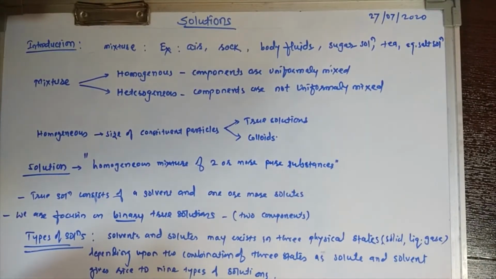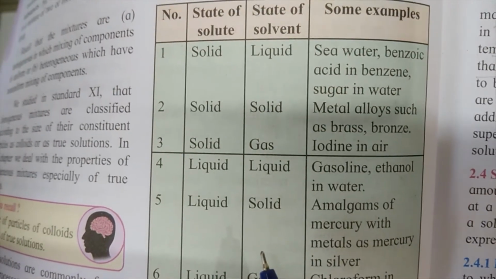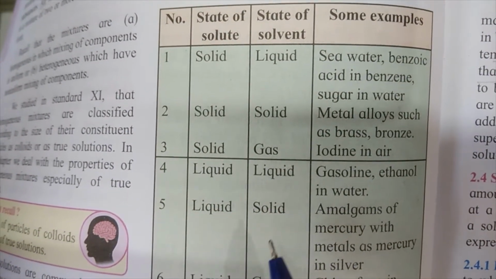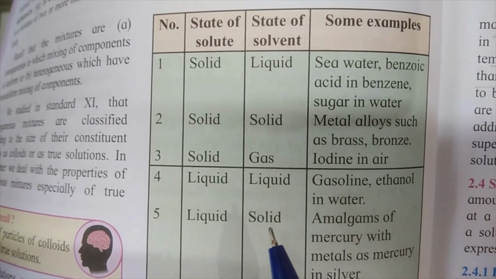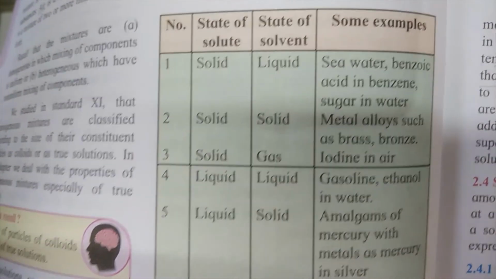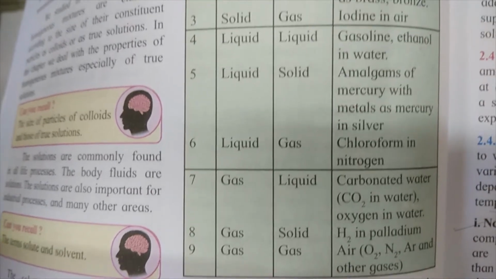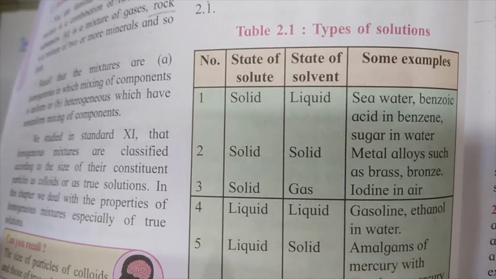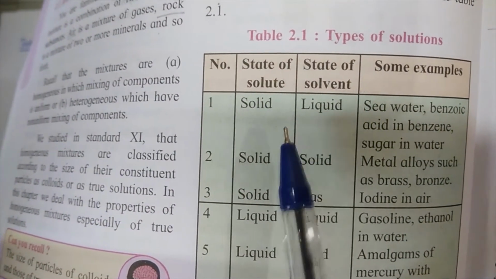Here I will just give the states of nature, that is solute and solvent, the physical state. Let us see the different types of solution, that is 9 types of solution, when the states of solute and solvent change.